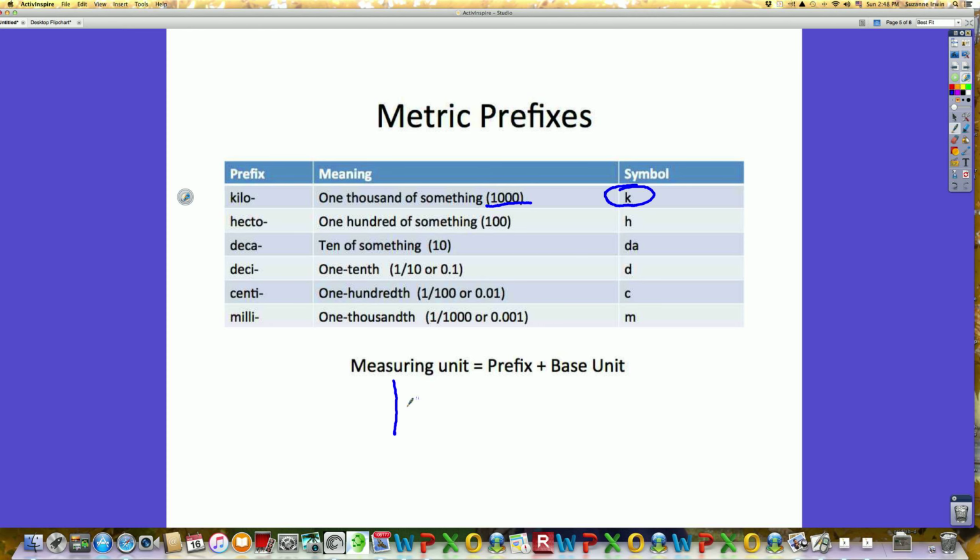If we wanted to measure something in kilograms, a kilogram is 2.2 pounds, but it might be the other way around. But a kilogram has a lot of mass. You're putting the k for 1,000 in front of the base unit, which is the gram. So a kilogram is really just 1,000 grams.